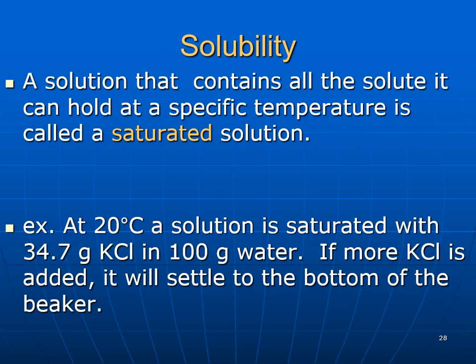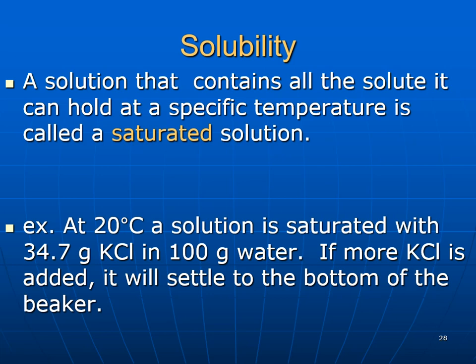So solubility. When we have a solution that holds or contains all the solute that it can have at a specific temperature, we refer to that solution as being saturated. So if we're dealing with a solution at 20 degrees Celsius and we put 34.7 grams of potassium chloride in 100 grams of water, that is as much potassium chloride that can be dissolved in 100 grams of water at 20 degrees Celsius.